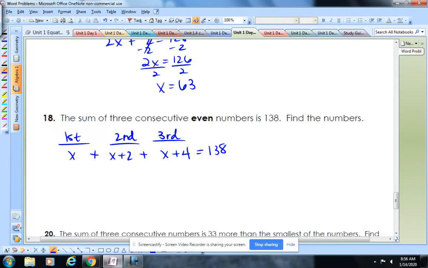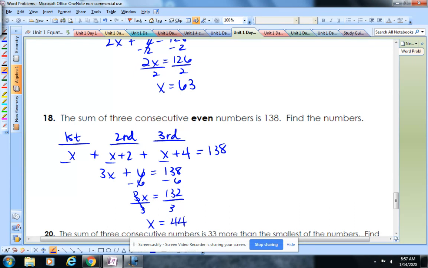Does that make sense? So now when you combine like terms, you got 3 x's, right? 1x plus 1x plus 1x is 3x. And then 2 plus 4 is 6 equals 138. Then what?